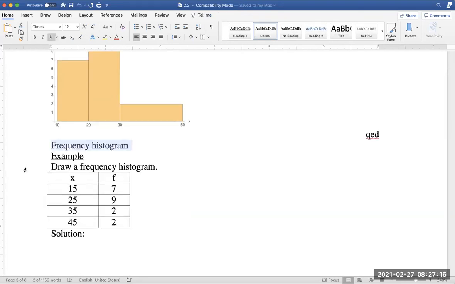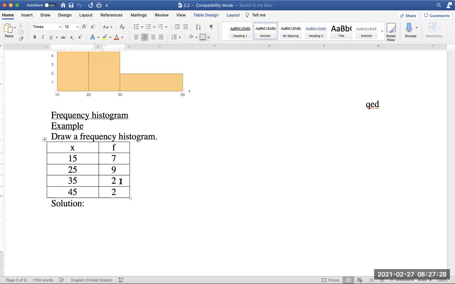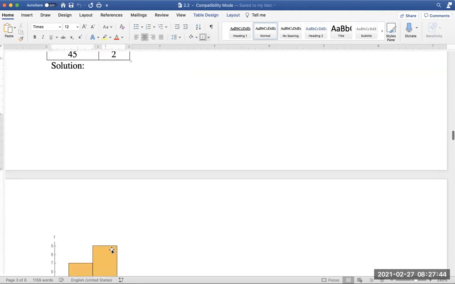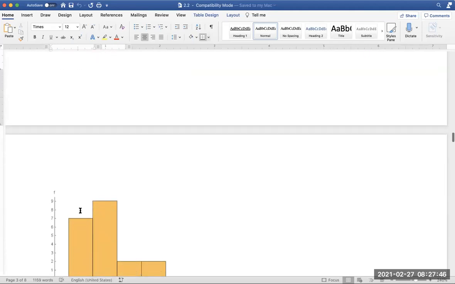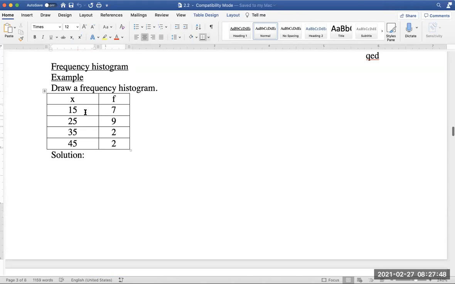So now let's draw a frequency histogram for this frequency distribution. 7 numbers, so 7 are at 15, 9 are at 25, 2 at 35, and 2 at 45. Well, these are just numbers. If I just draw this at the number 15, it'll just look like a little line, so I want it to be a little fatter.